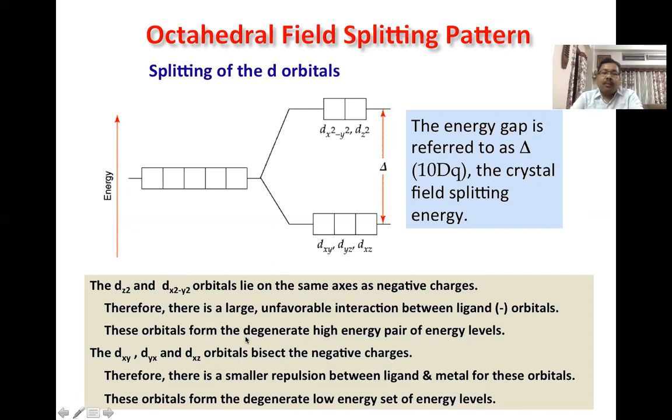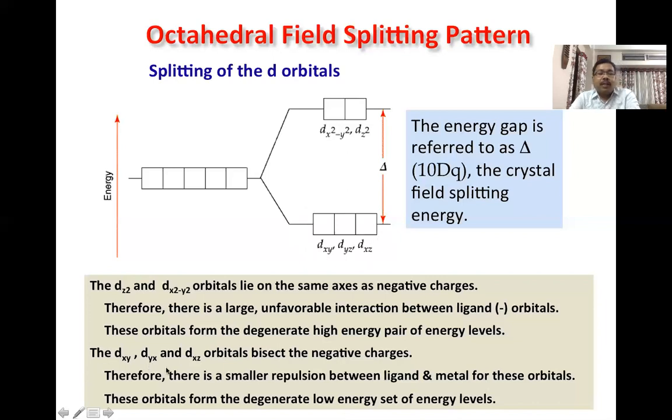These orbitals form the degenerate high energy pair of energy levels. As I have already discussed, these two d orbitals will experience more repulsion, so their energy will be raised as compared to these three orbitals.